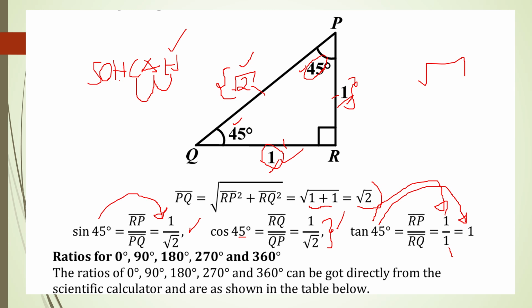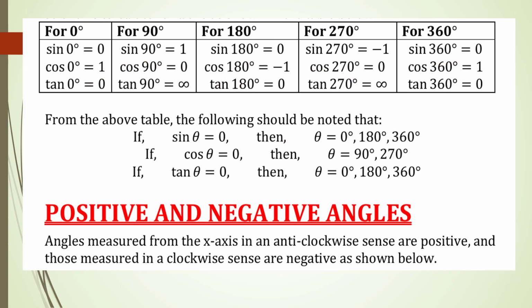For ratios of 0 or for ratios of other angles that are common, we are going to go directly using a scientific calculator, as shown in the table below. Now for the angles that we didn't discuss, we have said that there are 3 special angles.